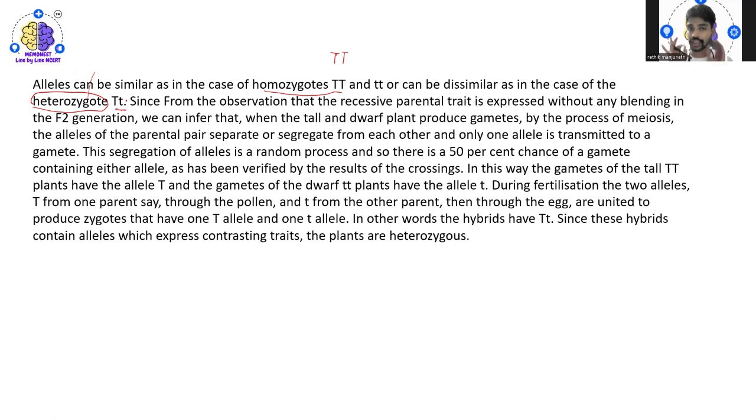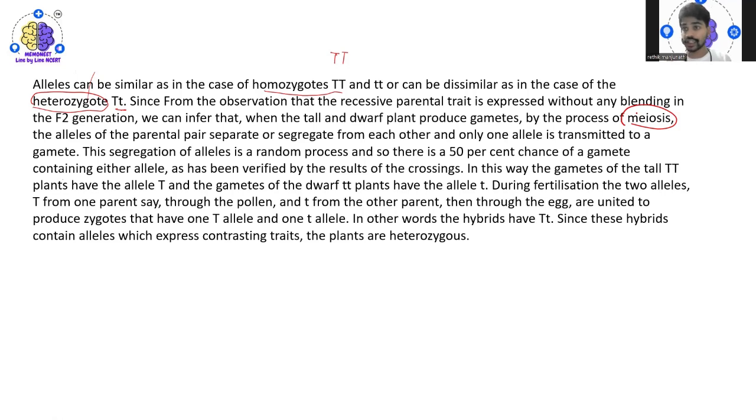Since the recessive parental trait is expressed without any blending in the F2 generation, we can infer that when a tall and dwarf plant produces gametes by the process of, mitosis or meiosis? By the process of meiosis, the alleles of the parental pair segregate or separate from each other, and only one allele is transmitted to a gamete.